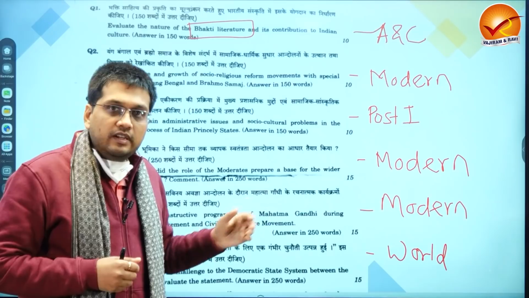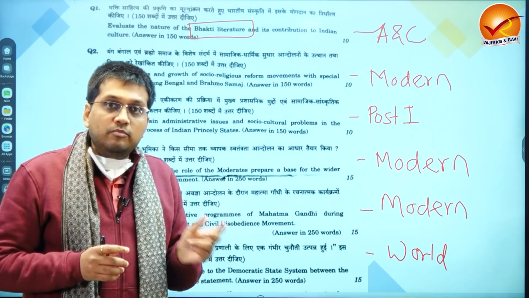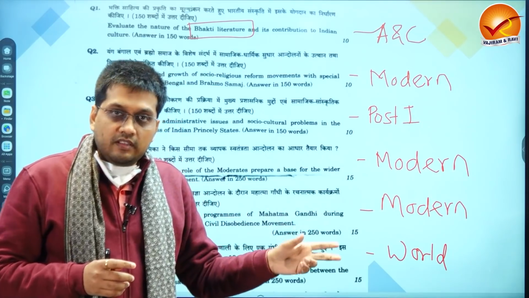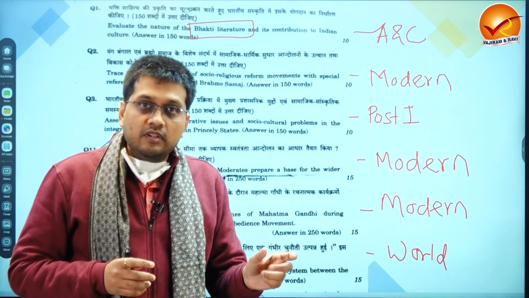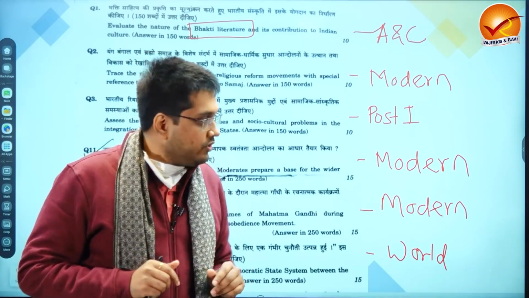Our inference is that there is no strict partition between the importance of ancient medieval art and culture on one side, and modern, post-independence and world on the other. We have to do all the topics. That is one point.